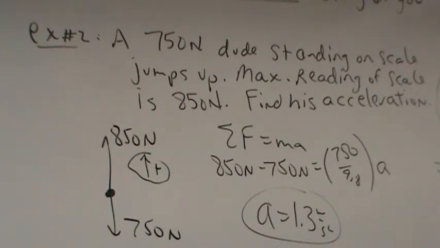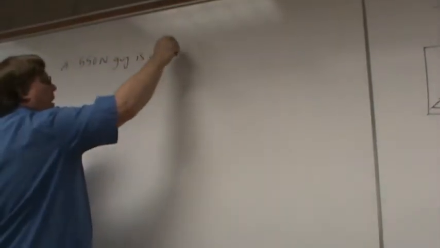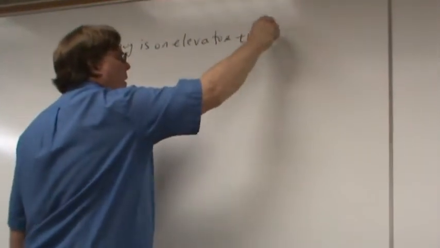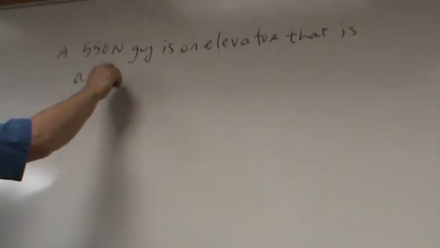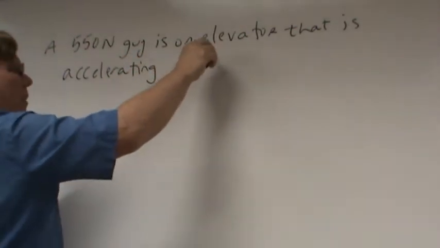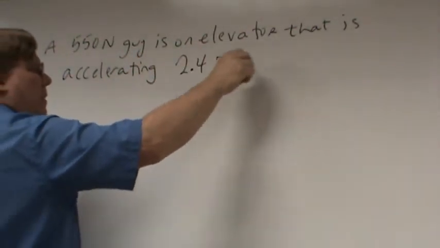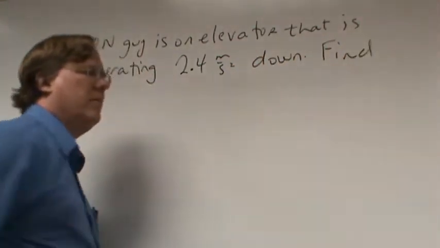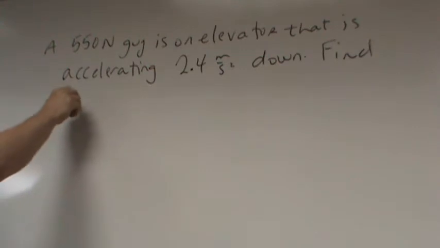A 550 newton guy is on an elevator that is accelerating 2.4 meters per second squared downward. Find his apparent weight.